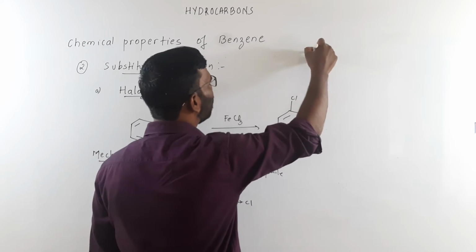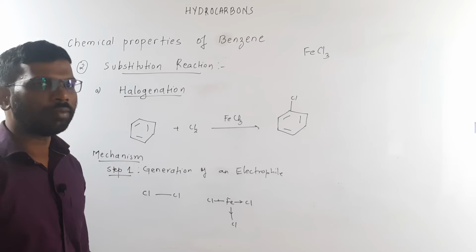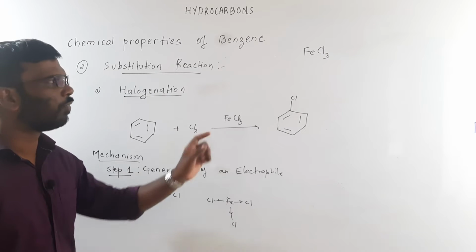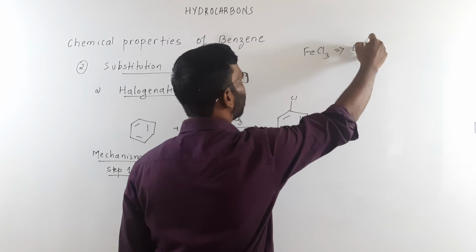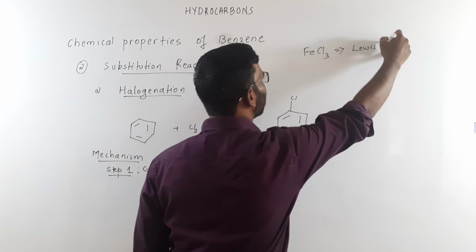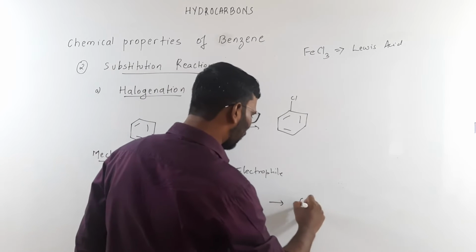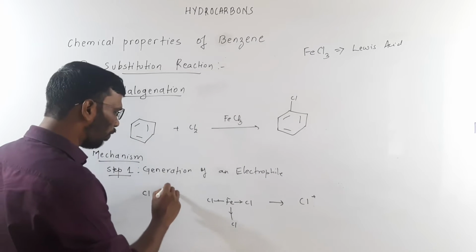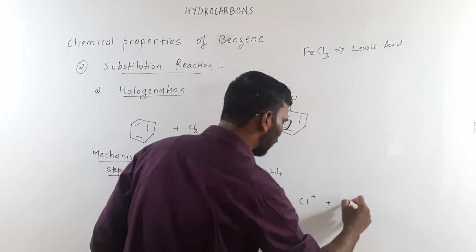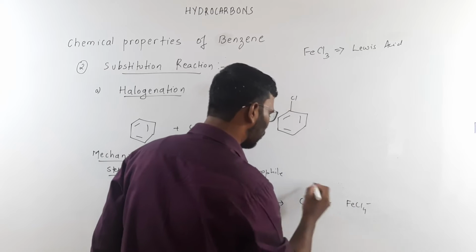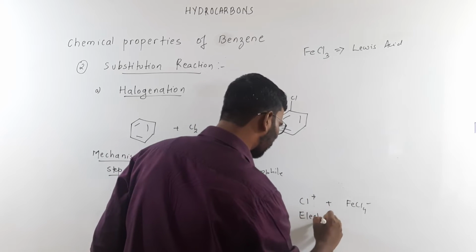So FeCl3 over here is acting as a Lewis acid, which is in need of electrons and accepts an electron pair. So after reaction between this and this, you will get a Cl plus. This bond will be broken over here and it will be donated to this. So you are getting a Cl plus and FeCl4 minus. This is your electrophile.